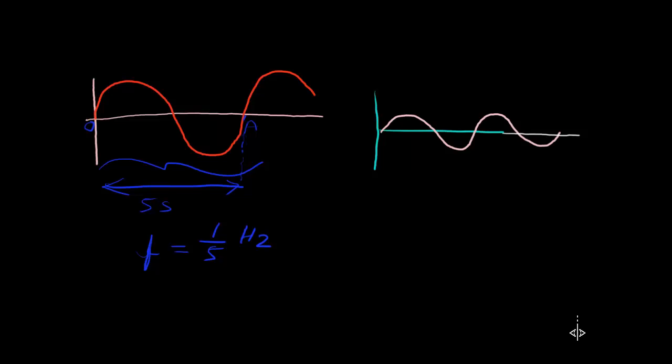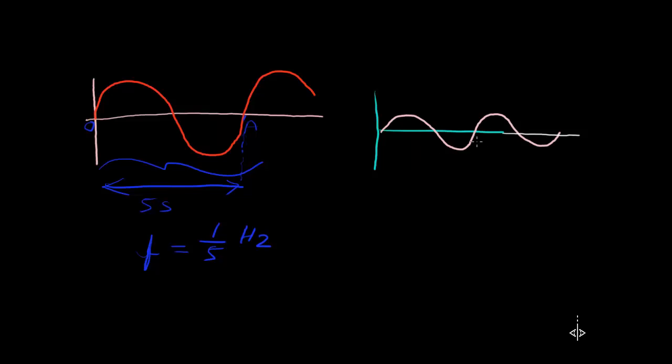What you will see here is that the frequency of the wave will depend on the number of oscillations that is made per second.